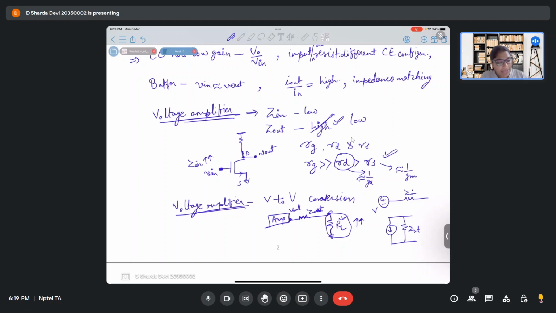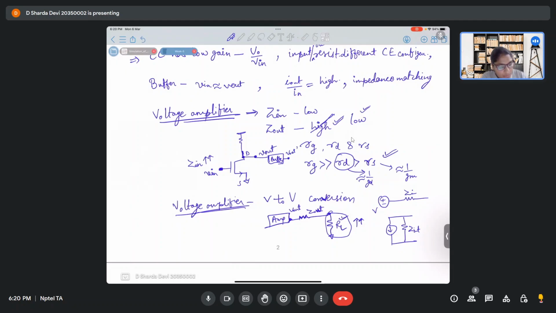But for our voltage amplifier to work properly, we need low Z out, right? So after this, we actually use a buffer circuit and we take the output from here.